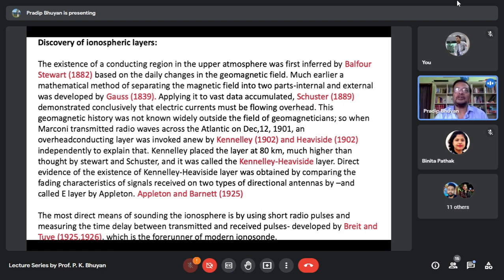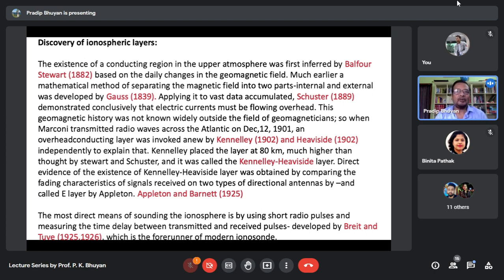Conducting layer means which allows the radio waves to propagate, because radio waves cannot propagate through normal atmosphere, normal neutral atoms and gases. So it needs a conducting layer for reflection or refraction. Even though it can propagate directly in free space, for reflection and refraction, it must have a kind of a mirror.